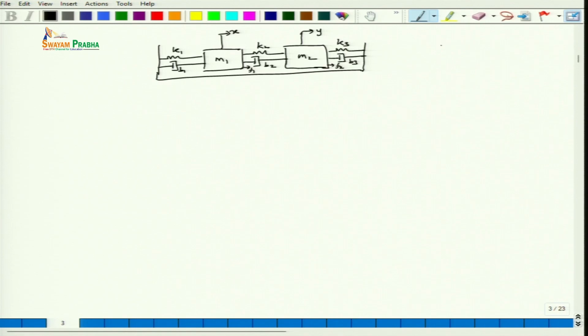So here we are considering x and y as the outputs and F1 and F2 as the input forces. So we want to find the transfer functions between x and F1, x and F2, similarly y and F1 and y and F2. So first we will write down the equations of motion.